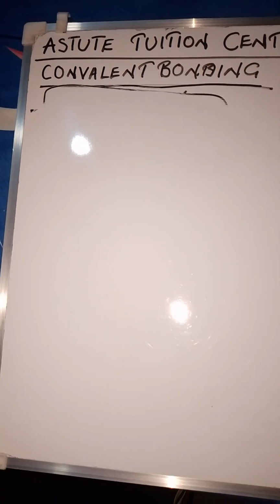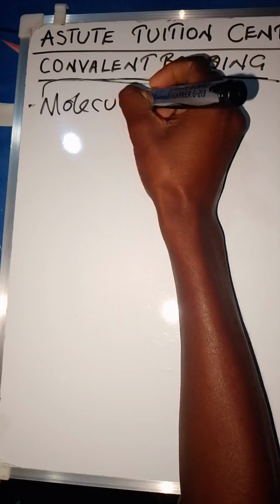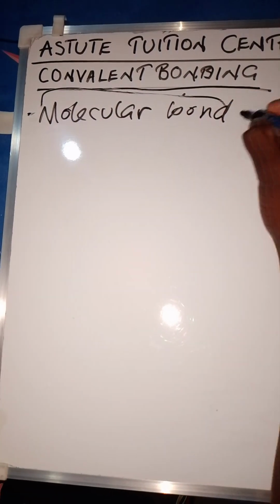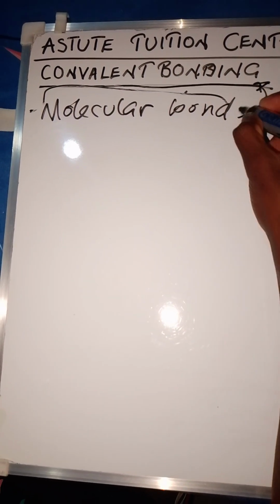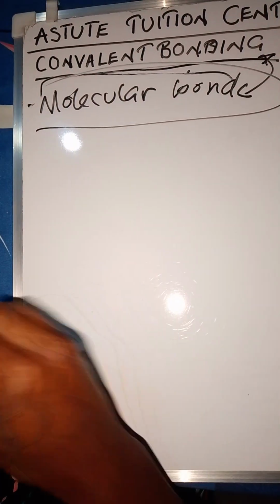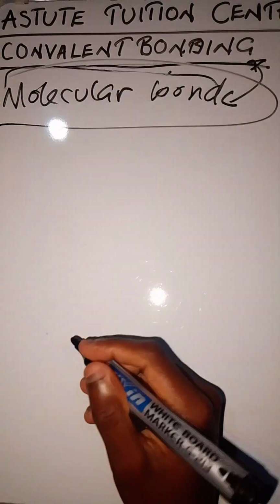You also need to know that covalent bonding is also known as molecular bonding. You can be told to define what molecular bonding is, and the definition is just the same. Remember to say that it involves the sharing of electrons.